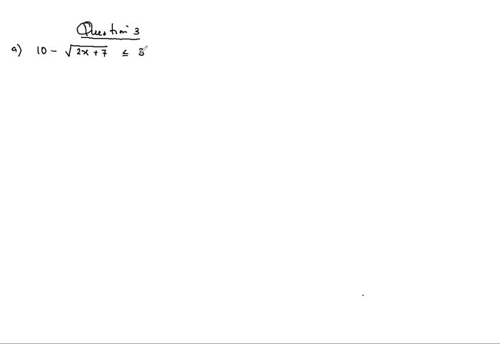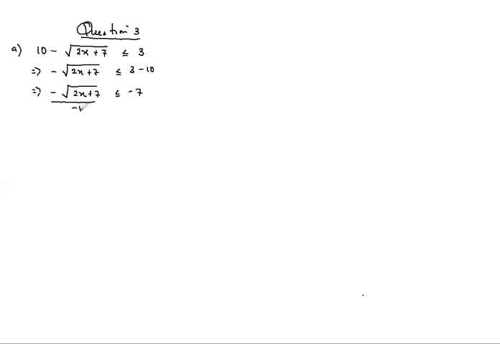So you can take the constant to the other side so that we have the square root of 2x plus 7 is less or equal to 3 minus 10. This is just negative square root of 2x plus 7, which is less or equal to negative 7.